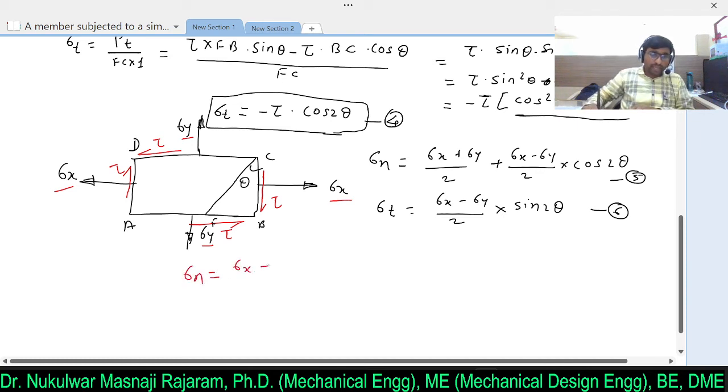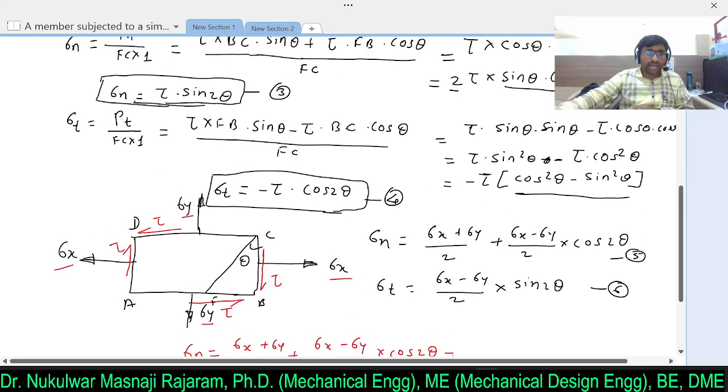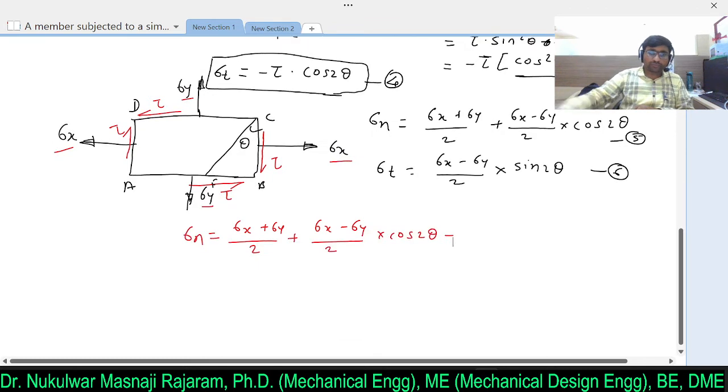That is sigma x plus sigma y divided by 2, plus sigma x minus sigma y divided by 2 into cos of 2 theta. Here I am just adding the result of the third case, so that is plus tau into sine of 2 theta. So this is the final result, equation number 7.